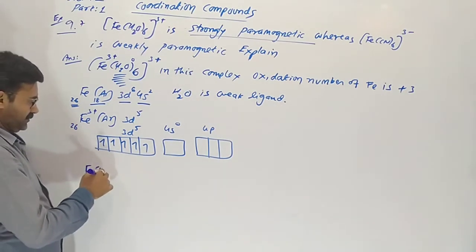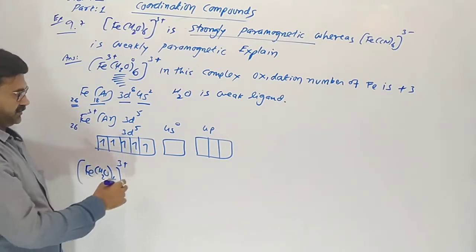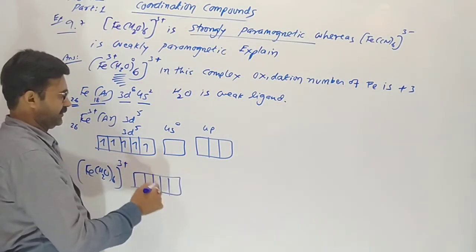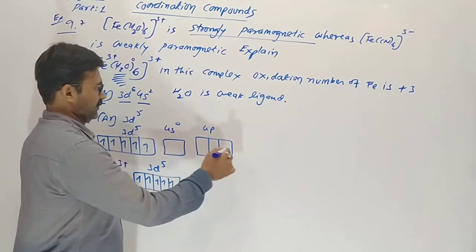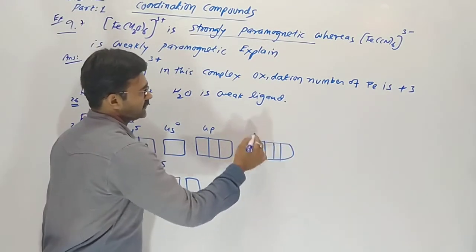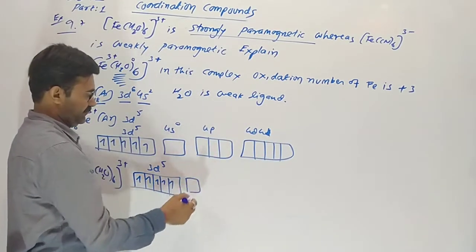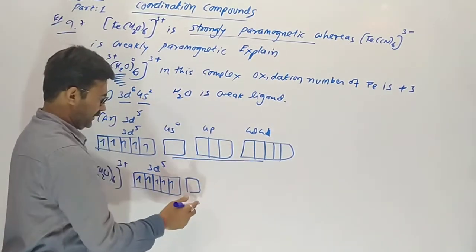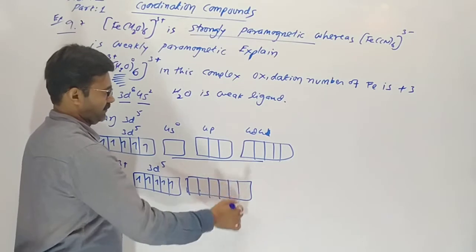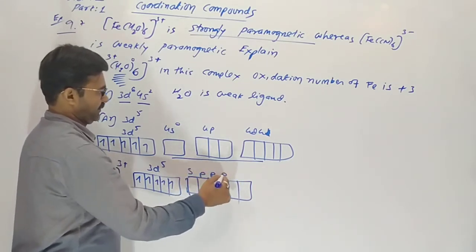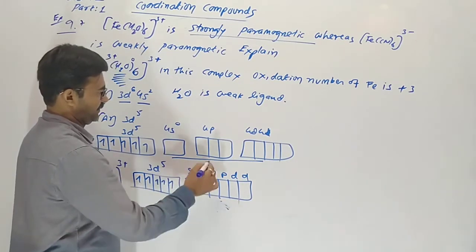So when aqua combines with Fe3+, d5 remains as it is. Now 1 of 4s, 3 of 4p and 2 of 4d hybridize. So 6 total. sp3d2 hybridization occurs here.